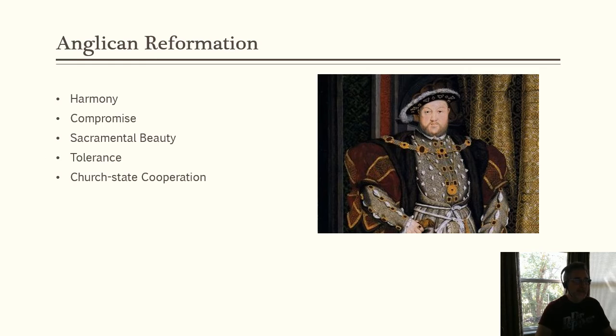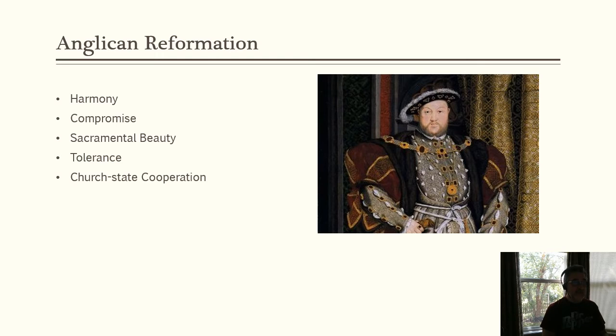Closely connected with this for the Anglicans would be the number 2 item here, which is compromise. This is their willingness to cooperate, to give way to some kind of balance for balance's sake. They were searching constantly for the middle of the road. We think of compromise in our day and age as a negative thing, but this isn't necessarily a negative thing, to want to see peace amongst groups of people, and the church in particular, being in one accord and finding common ground and compromise.